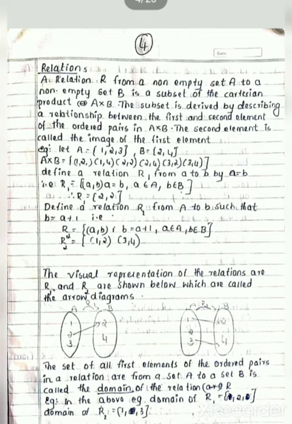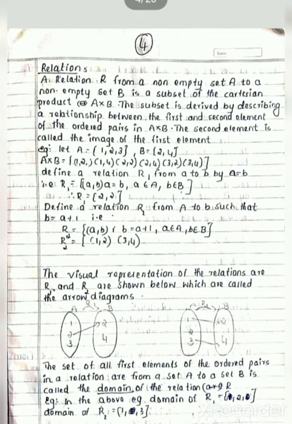Now next, define a relation R2 from the same set, from A to B capitals, such that b is equal to a plus 1. b is equal to a plus 1 means the second element should be one more than the first element.